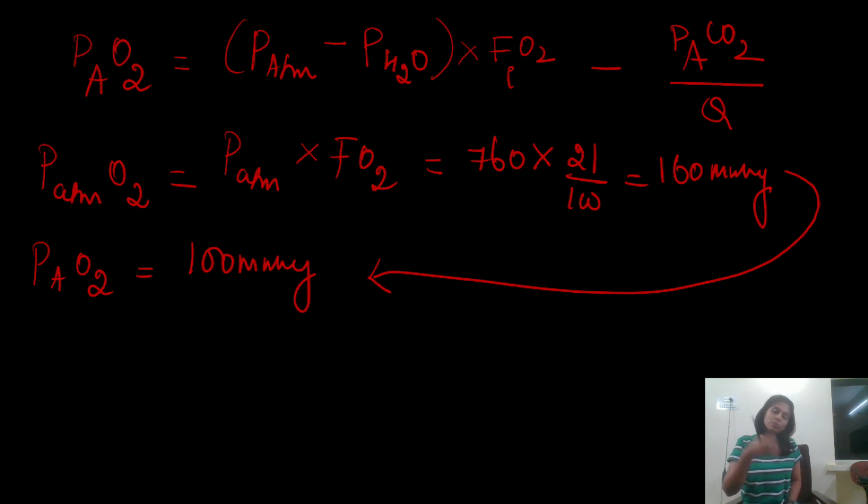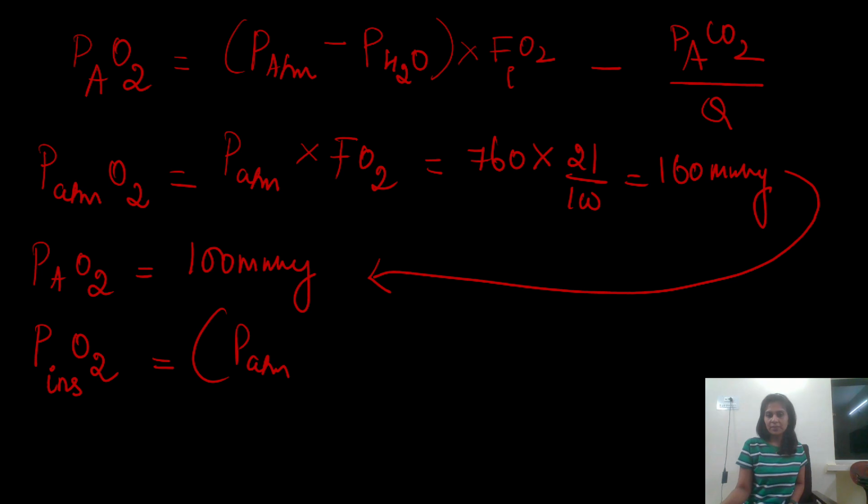So you have to remove the effect of water vapor in the incoming air to know how much oxygen is present, right? So if I ask you to calculate the partial pressure of oxygen in the inspired air, here you don't have the total atmospheric pressure. Some of it is diluted by water vapor.